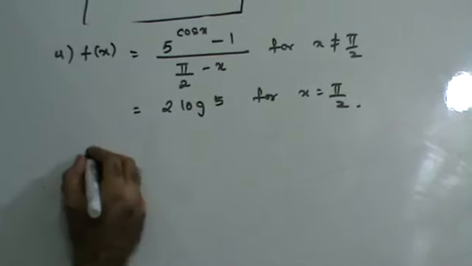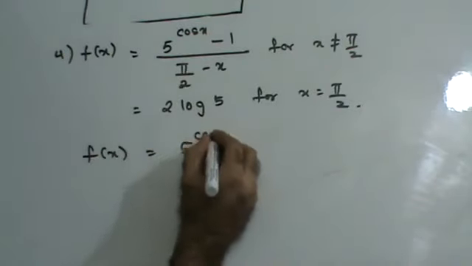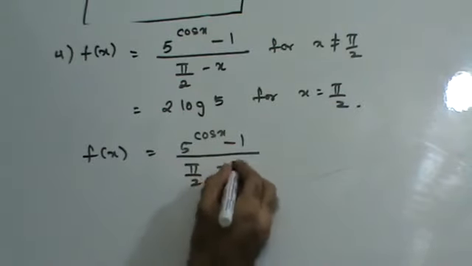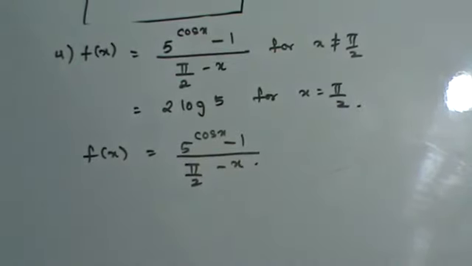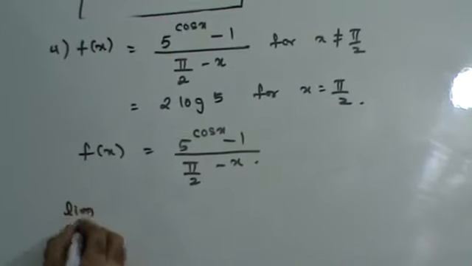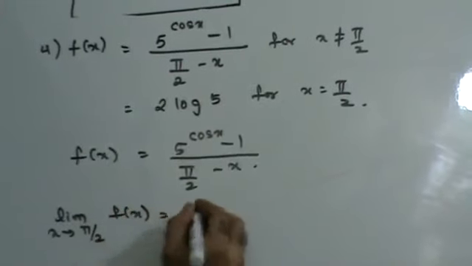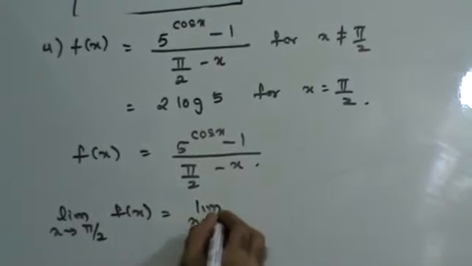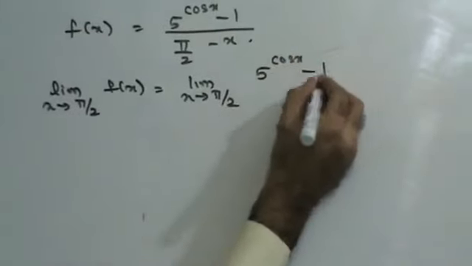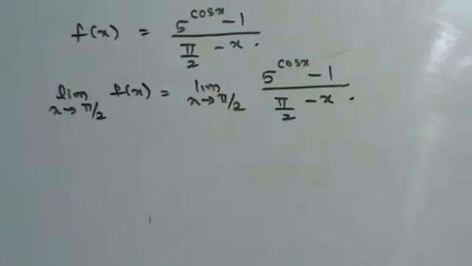Now, f of x is (5 raised to cos x minus 1) upon (pi by 2 minus x). Take the limit as x tends to pi by 2 on both sides. Limit of x tends to pi by 2 of f of x is limit of x tends to pi by 2 of (5 raised to cos x minus 1) upon (pi by 2 minus x).